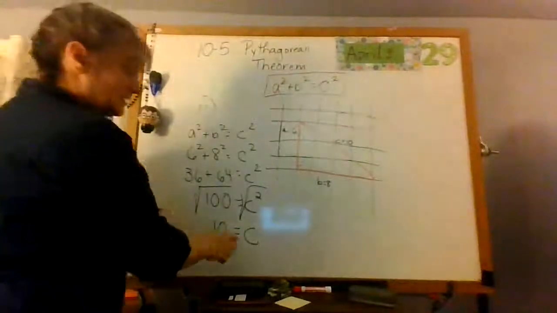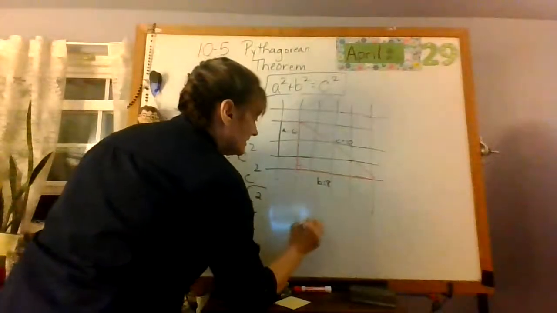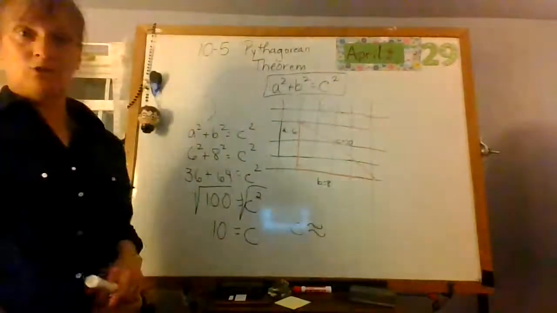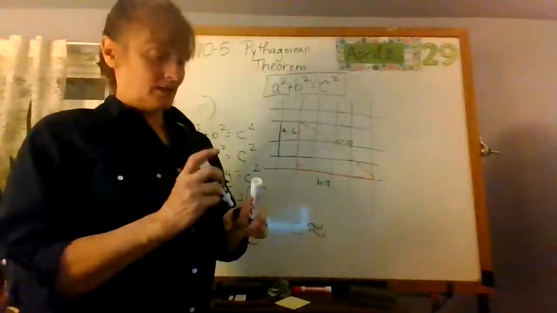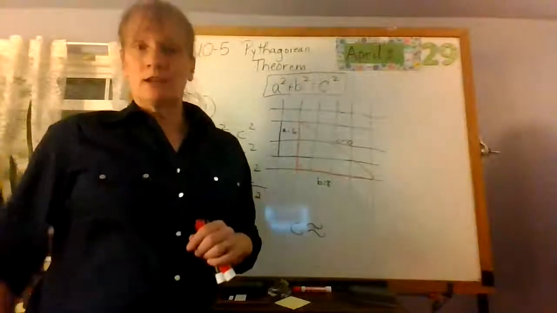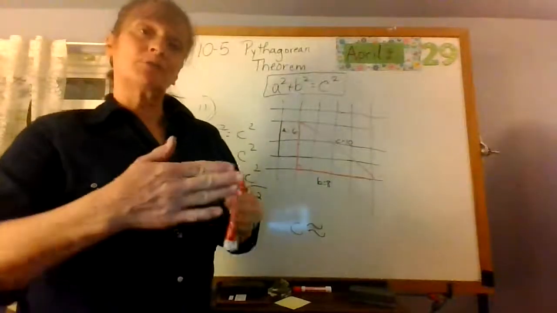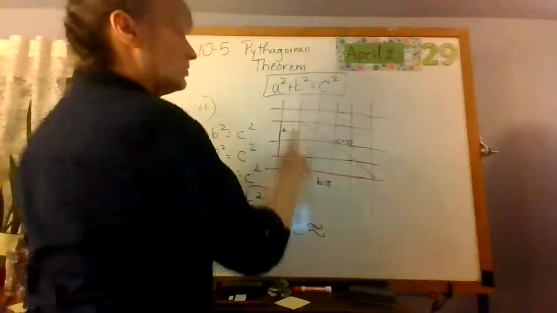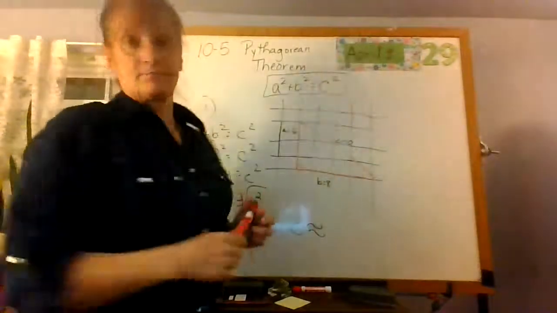Instead of c equals 10, it'll be like c is approximately equal to, and then you're going to round to the nearest tenth. All right? And I would highly suggest you use a calculator for this, okay? You're going to round to the nearest tenth, so that means you write the numbers out, go to the tenth, move 1 to the right, and it'll tell you go up or stay the same.